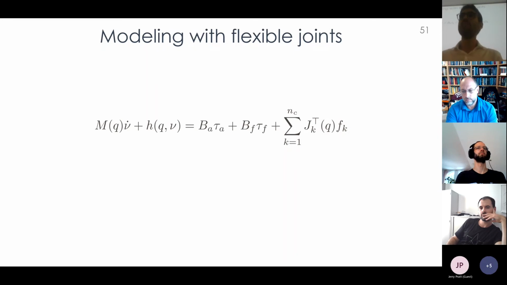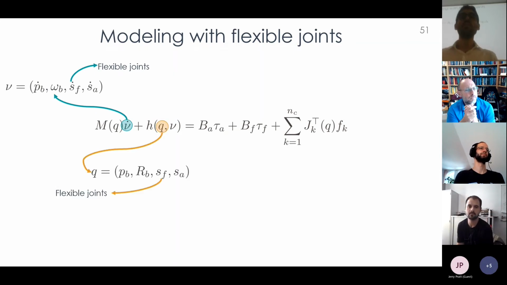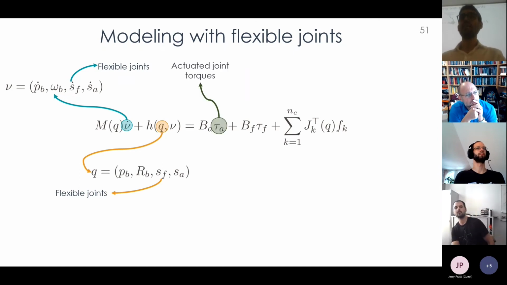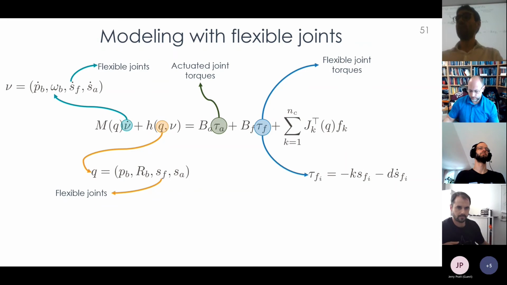What differs is the content of the variables. So now nu contains not only the base velocity and the actuated joint velocity, but also the flexible link velocity. The same for q, which now contains the flexible joint position. And now we also have tau_A, the actuated joint torques, the ones that we can send to the robot, and the flexible joint torques. In this case, the flexible joint torques implement the law that has been proposed and used by Villa.